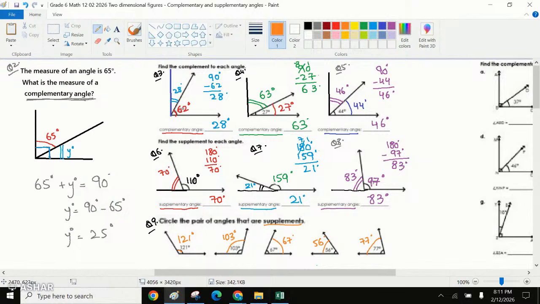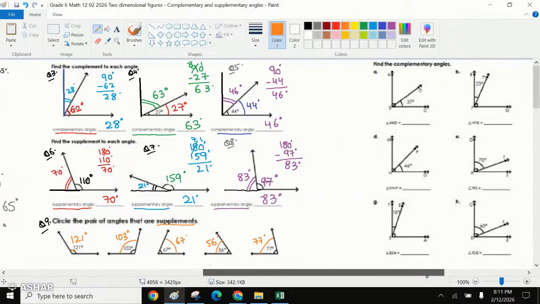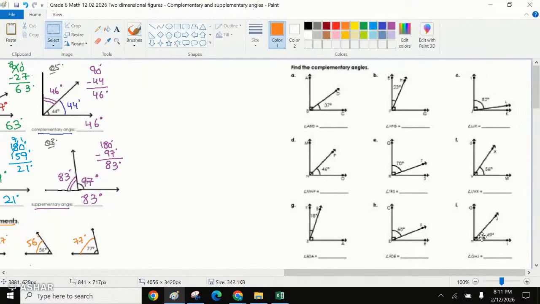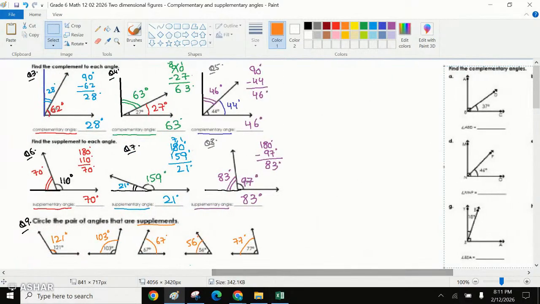See, 121 plus 103 becomes more than 180, so not possible. 121 plus 67, the last digit comes out to be 8.